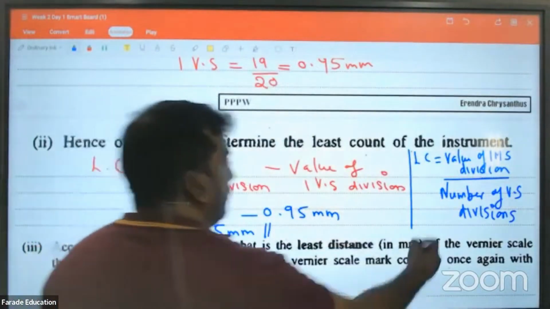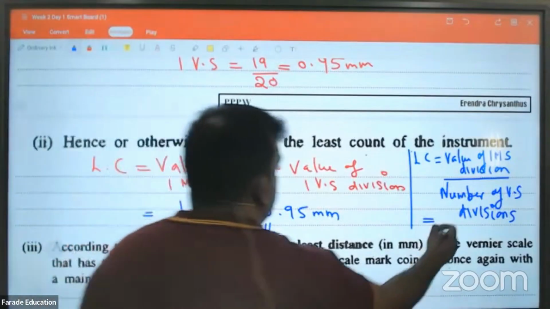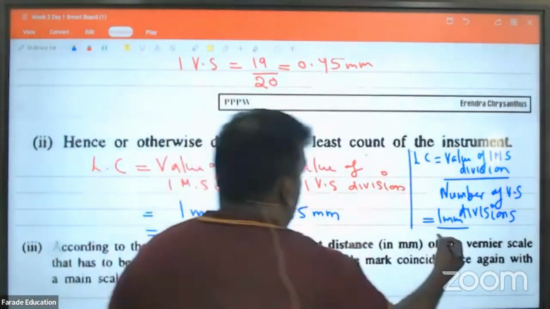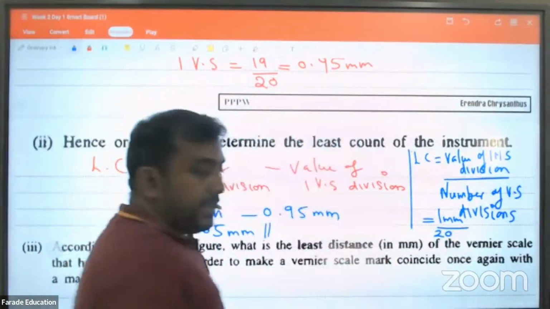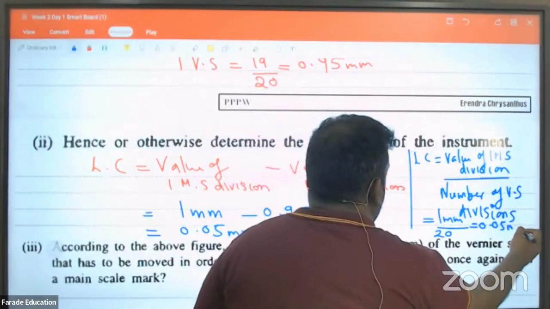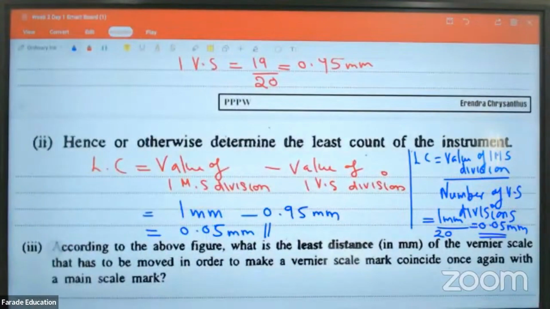If you do the substitution, one main scale division is 1 millimeter and the number of vernier scale divisions is 20. 1 divided by 20 is 0.05 millimeters.